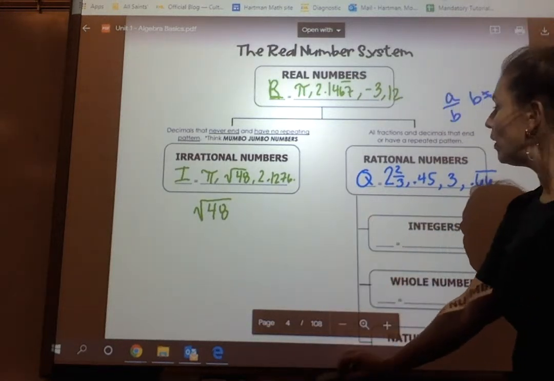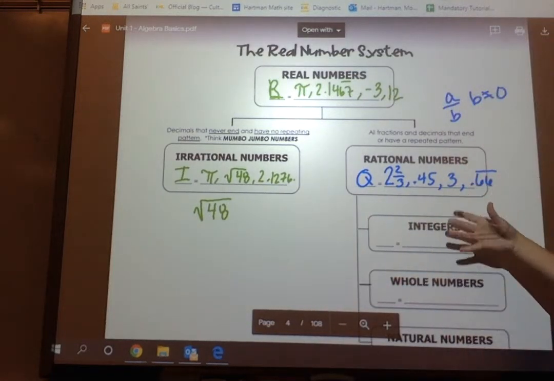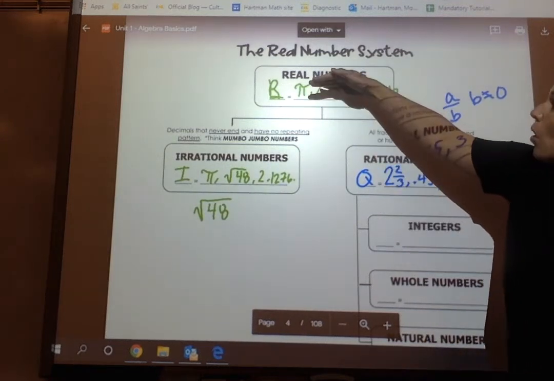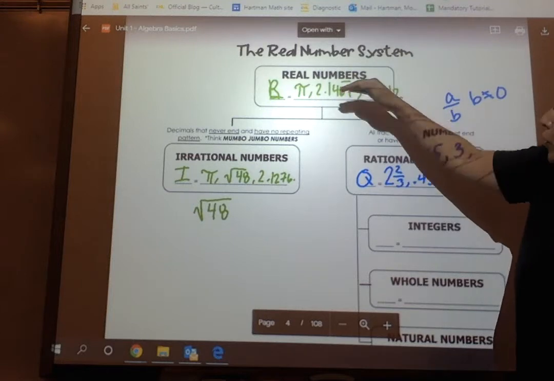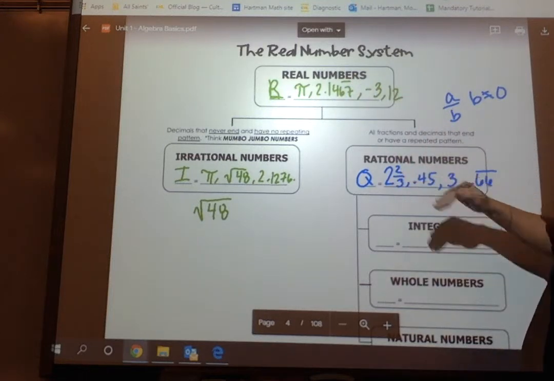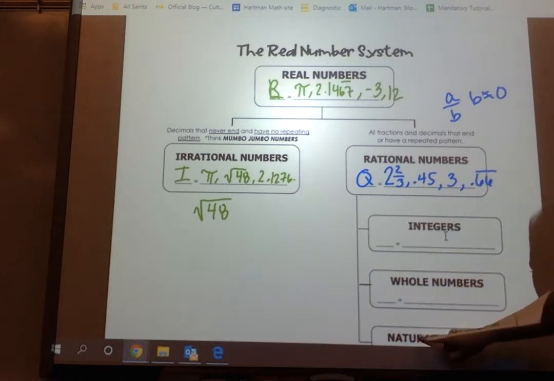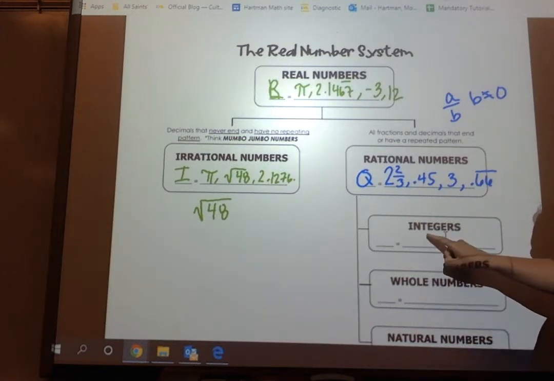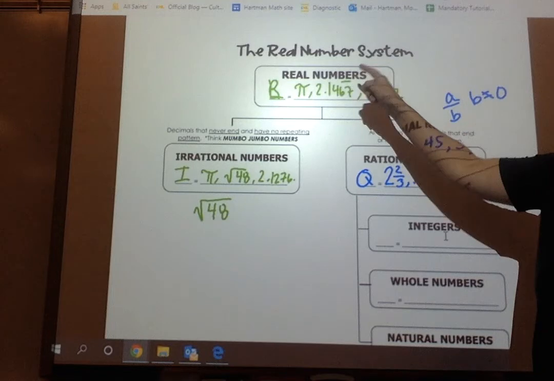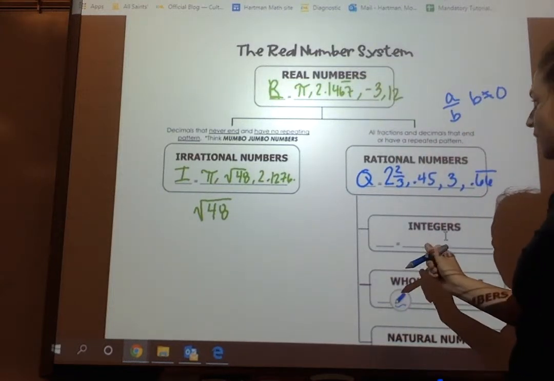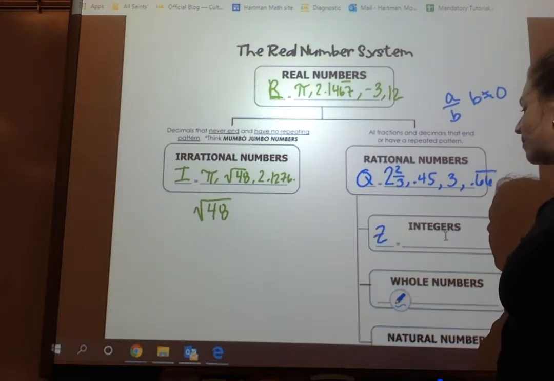Now, once you get into rational numbers, you have other categories. You have an integer. So all rational numbers are real numbers. All integers are rational numbers. So notice this sign. If something's a natural number down here, it's also a whole number, it's also an integer, it's also rational, and it's also real. So integers, we're going to classify with the letter Z. That's integers.